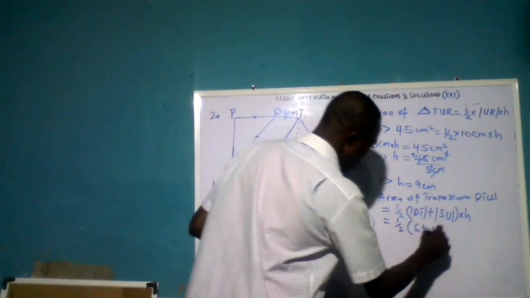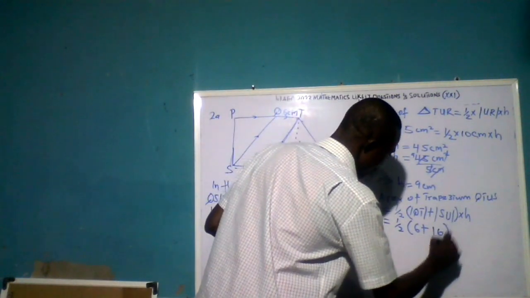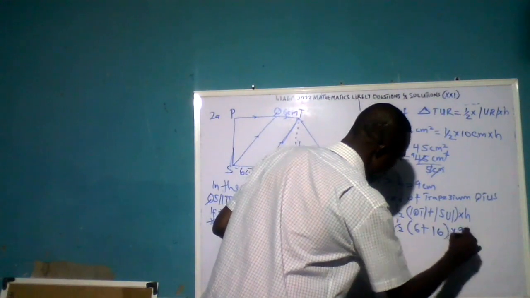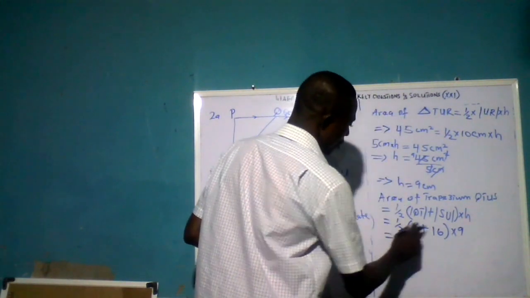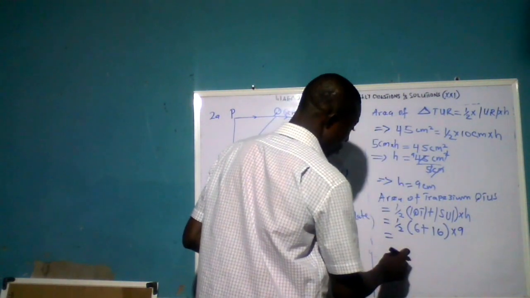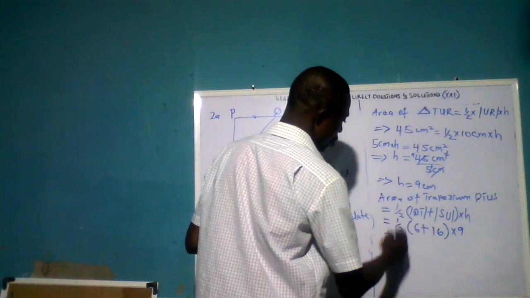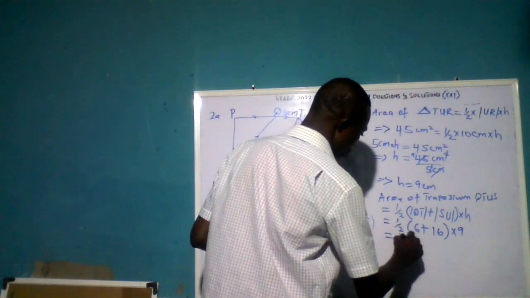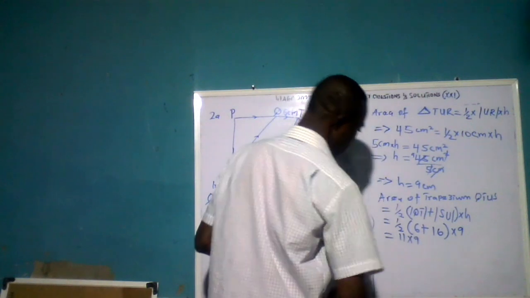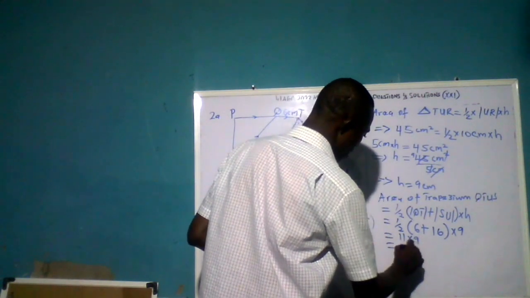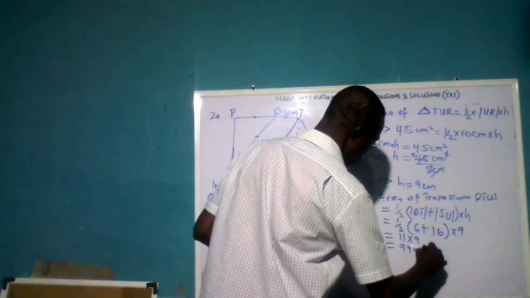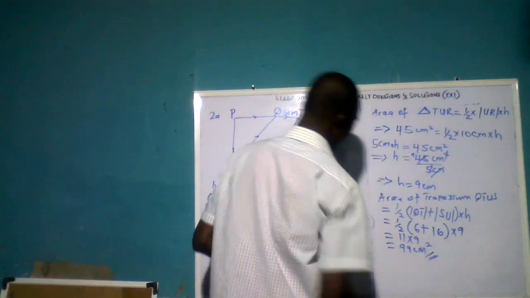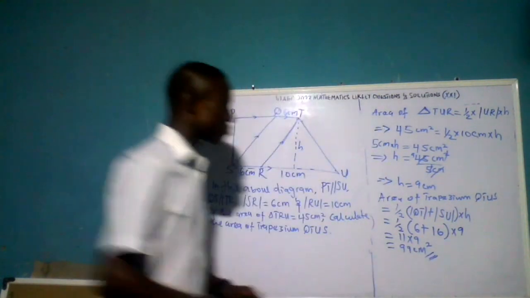That will give you 16 centimeters. 16 multiplied by height, which is 9. So you have 16 plus 6, that will give you 22. Half of 22 will be 11. You have 11 multiplied by 9, that will give you 99 centimeters square. So that's the answer.